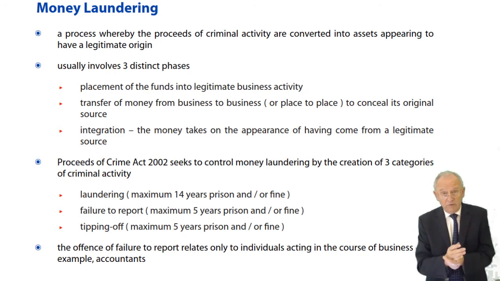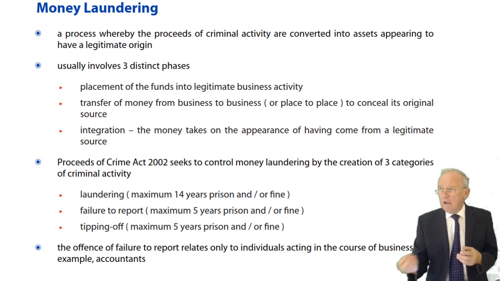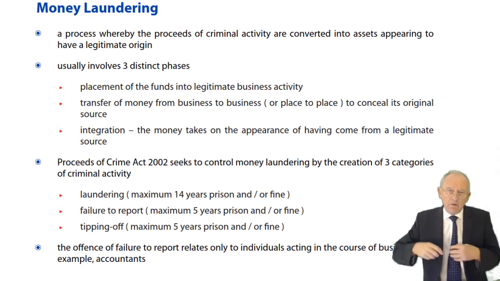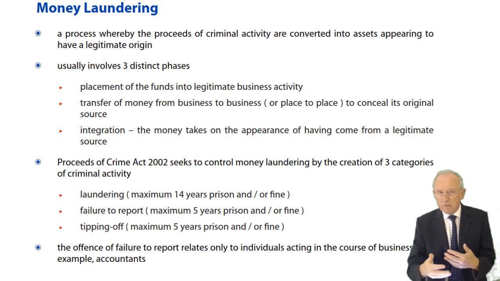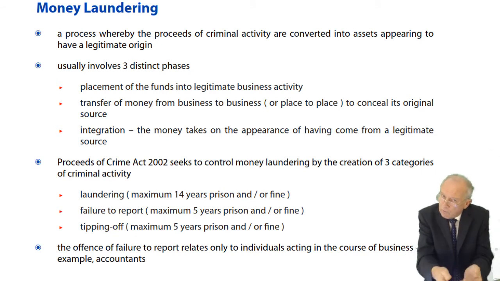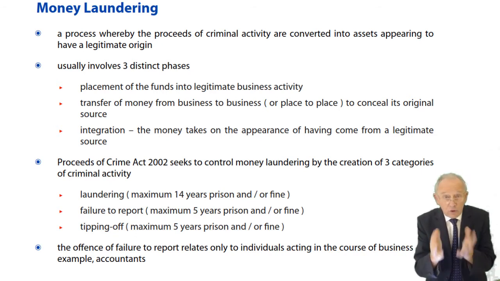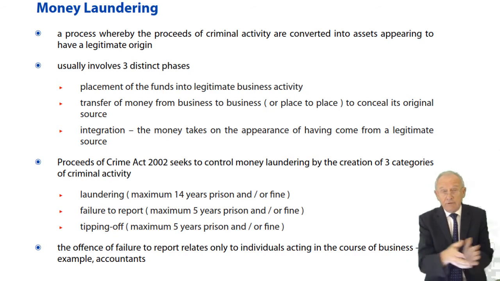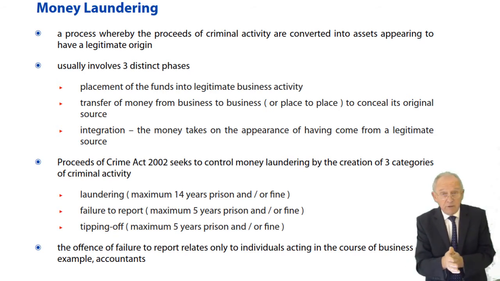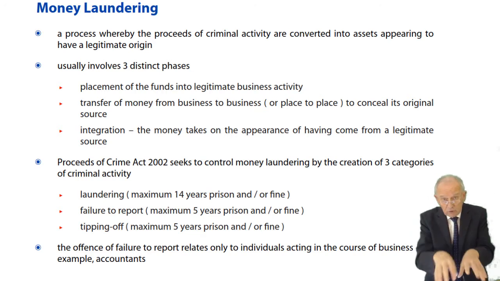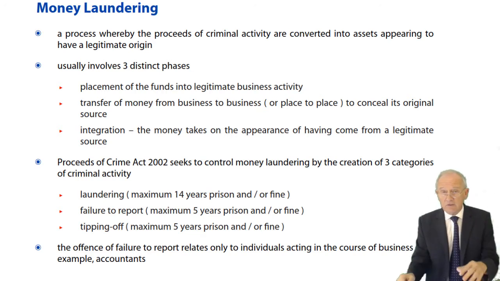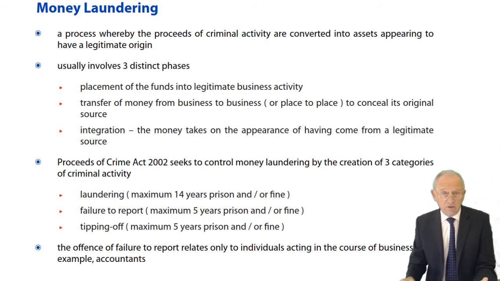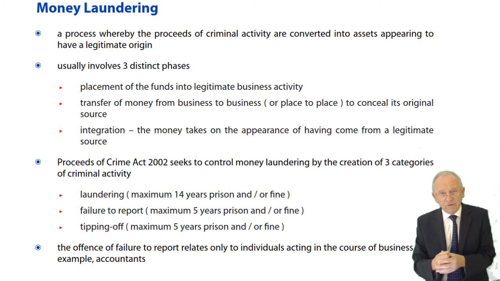So money laundering is ways in which cash from illegal sources is cleaned, dirty money therefore is cleaned and put back into the system. So although you've got £5,000 worth of dirty money, you wash it and launder it and put it back into the system as, for instance, the takings from the restaurant activity that you opened, the profits from the restaurant, even though you may not have a restaurant.